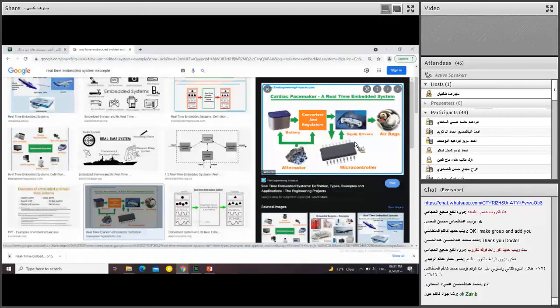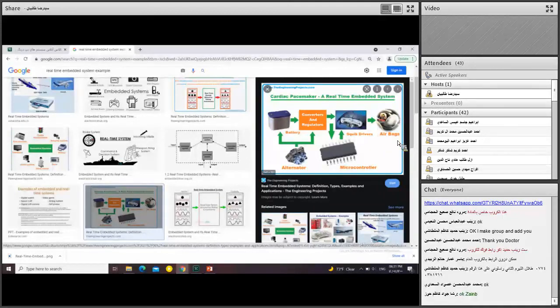Another is the airbag. The airbag system in automobiles must act at a specific time and very fast, because the airbag is related to the safety of people.